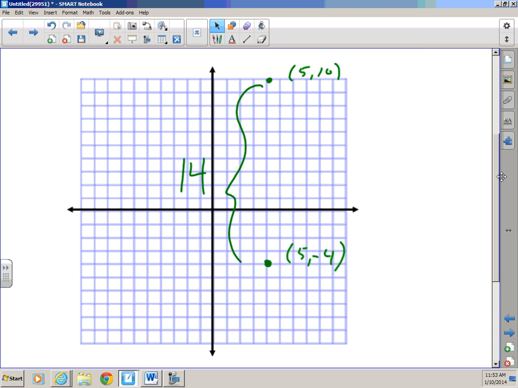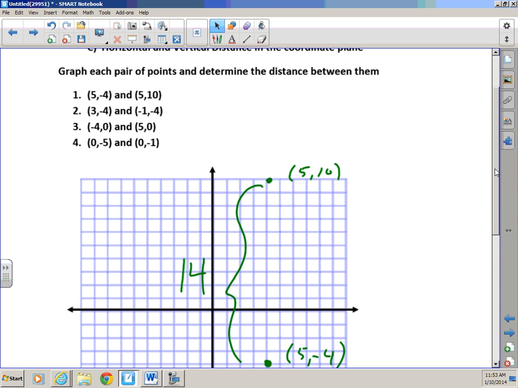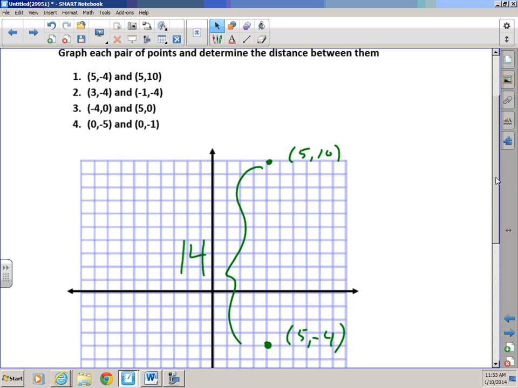Well, I can do that for all of these, and if you were to do that for each of these points, you'd find that this distance is 14, like we just did.